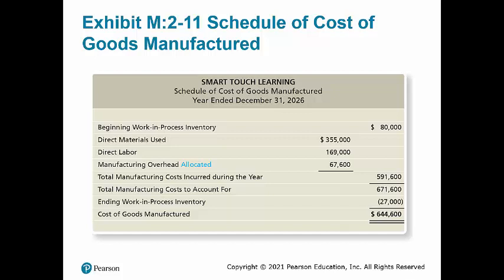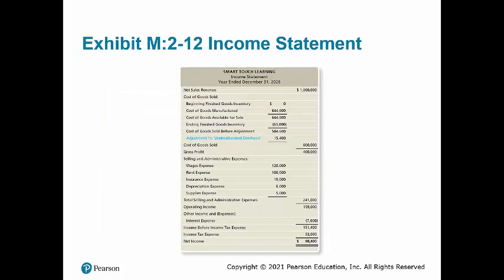The total of those three gives us our manufacturing costs that were incurred during the year, and when we add to that our beginning work in process inventory and subtract our ending work in process inventory, we see the cost of goods manufactured, which is $644,600.